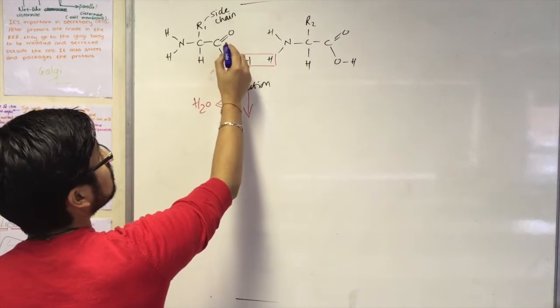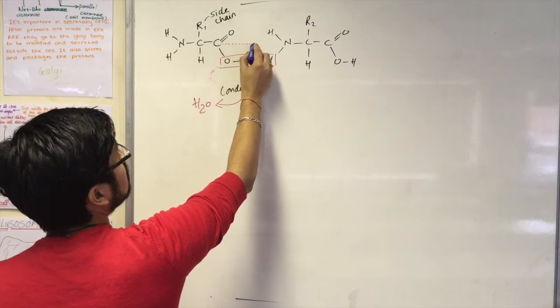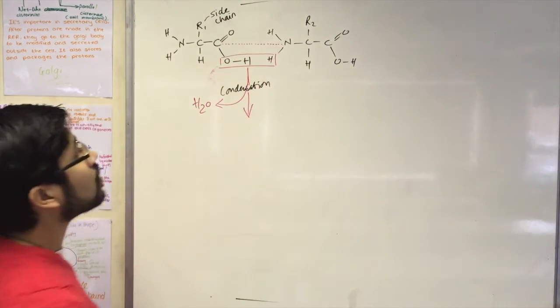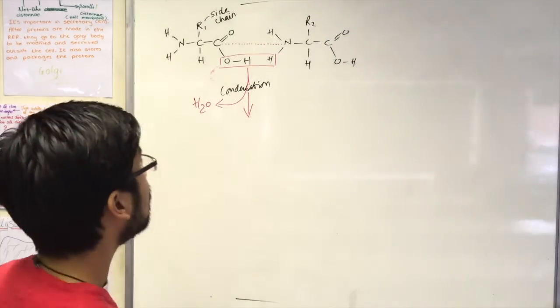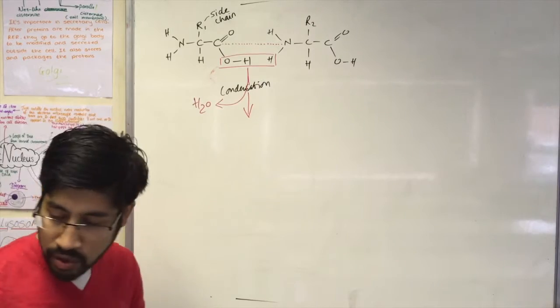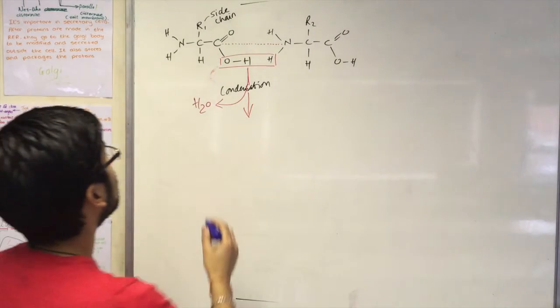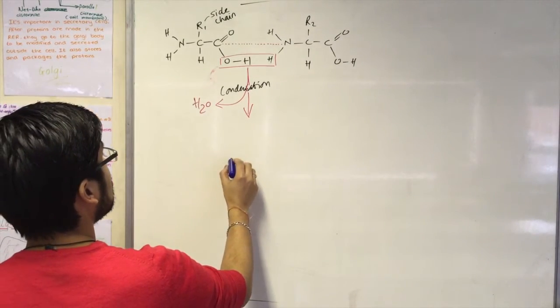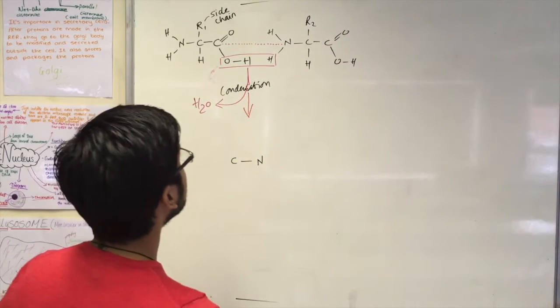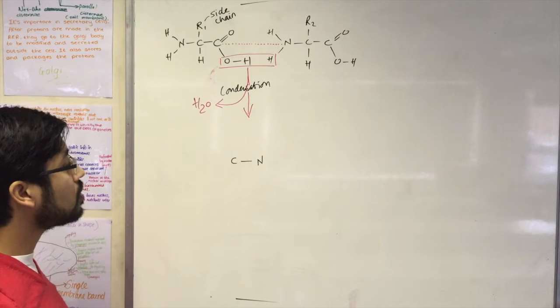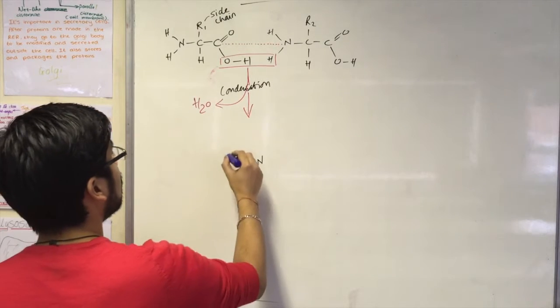And so, to satisfy the bonding requirements, carbon will form a covalent bond with nitrogen. Okay? And as you will see, what's produced is the peptide bond. Okay, so this is the peptide bond between the carbon and the nitrogen.